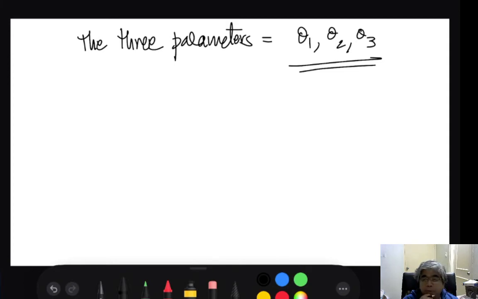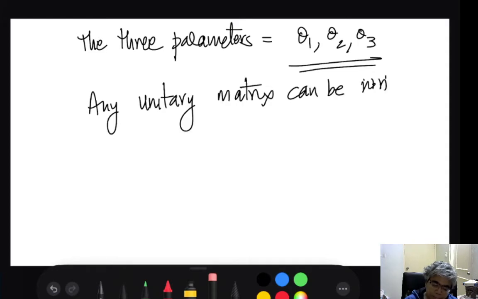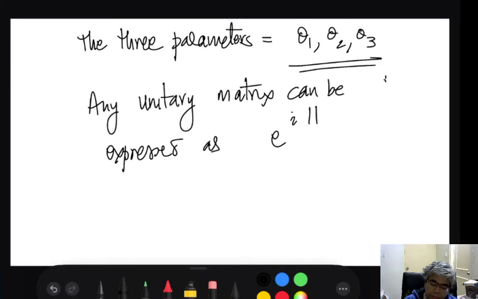I'll also remember one more thing: any unitary matrix can be written or expressed as U is equal to e power i H, where H is a Hermitian matrix.